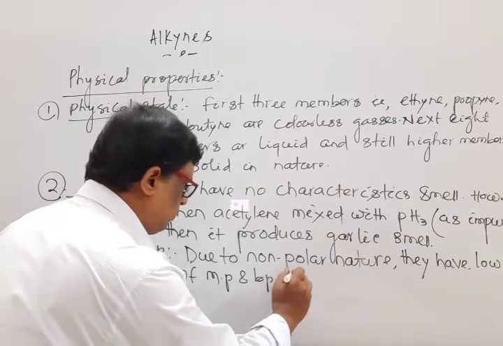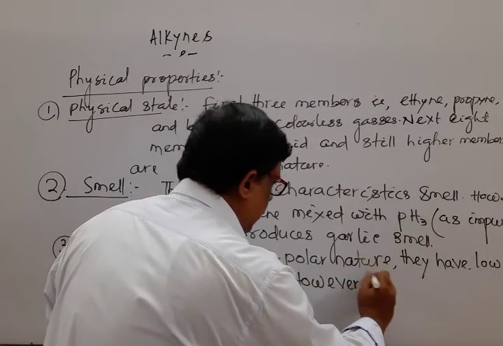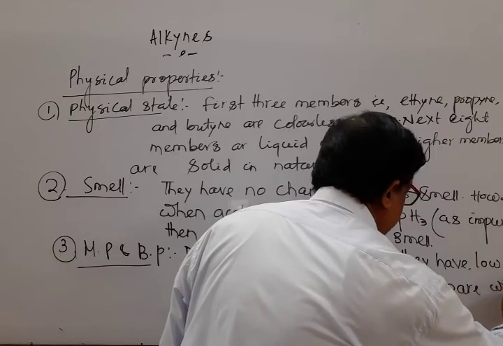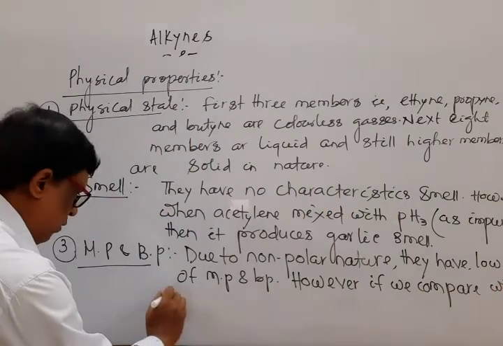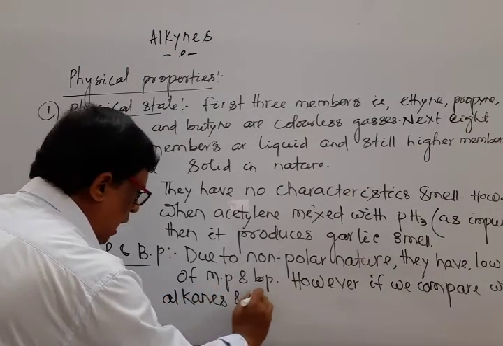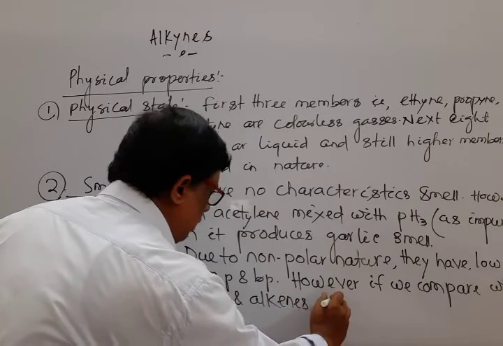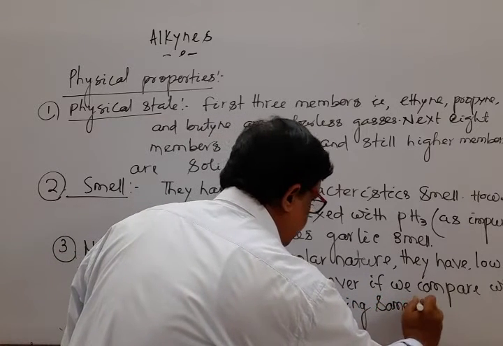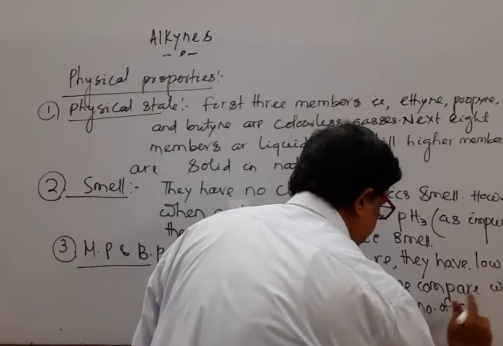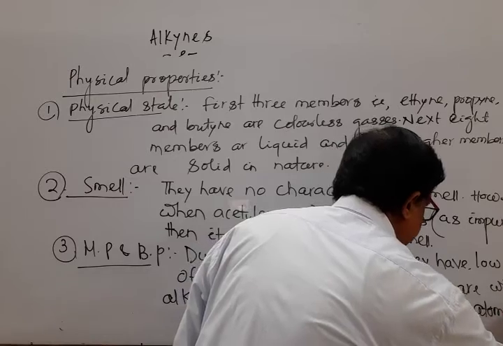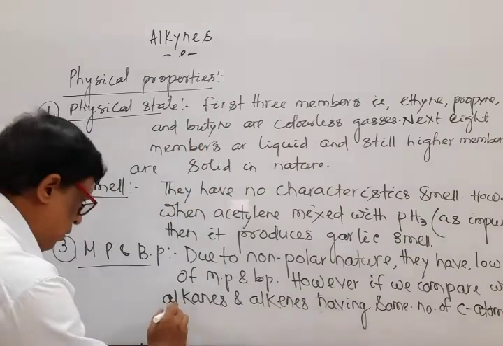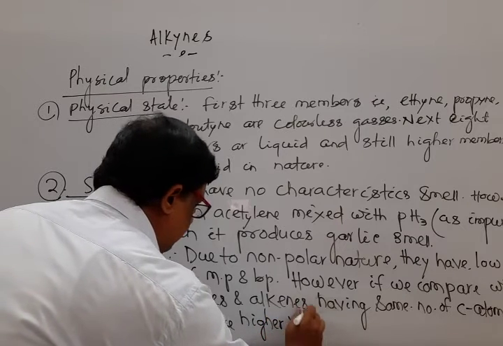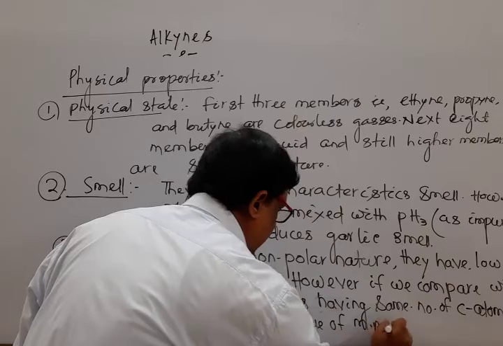However, if we compare with alkanes and alkenes having the same number of carbon atoms, then they have higher values of melting point and boiling point.